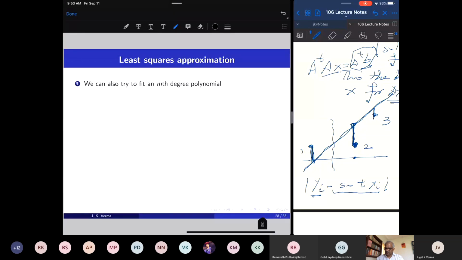Now, it may happen that the data points, visually, you can tell that they are not really clustering around a straight line. Maybe it is along a parabola, or along the graph of an exponential function, or there is a logarithmic decay.